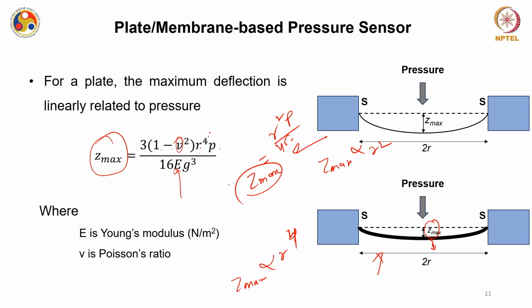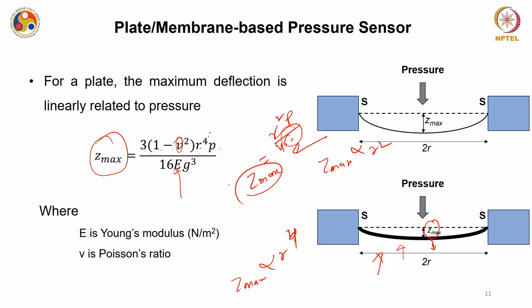Here, since it was clamped at 2 points, the tension was playing a very crucial role, while the material strength is something which is very crucial in case of a plate based device. These are some small takeaways from the structure of diaphragm based devices and thin plate based devices.